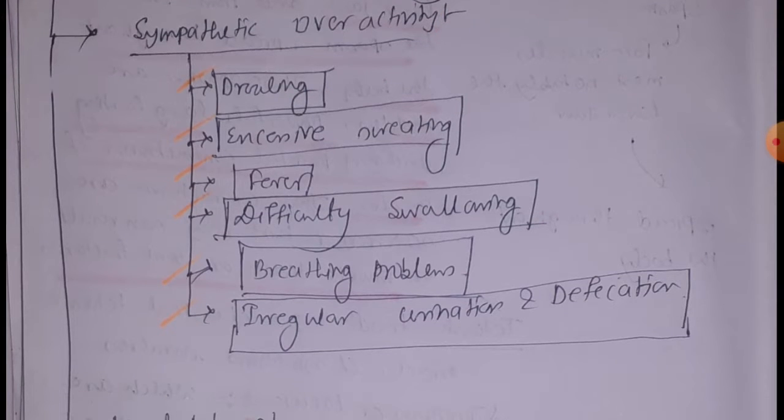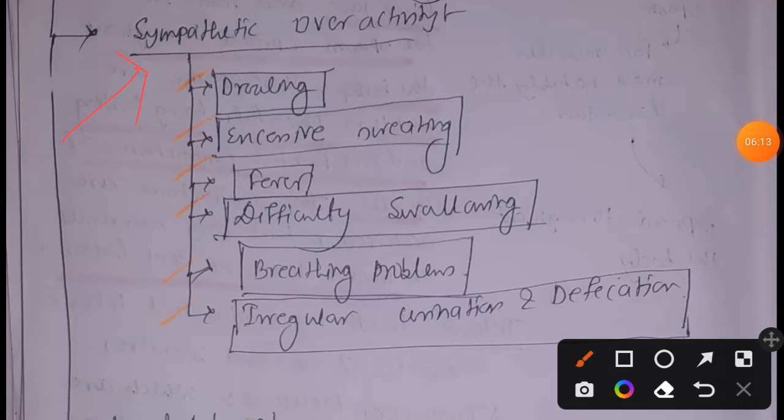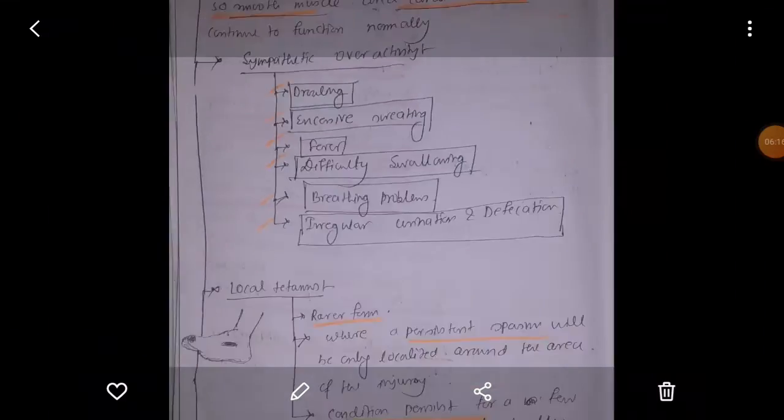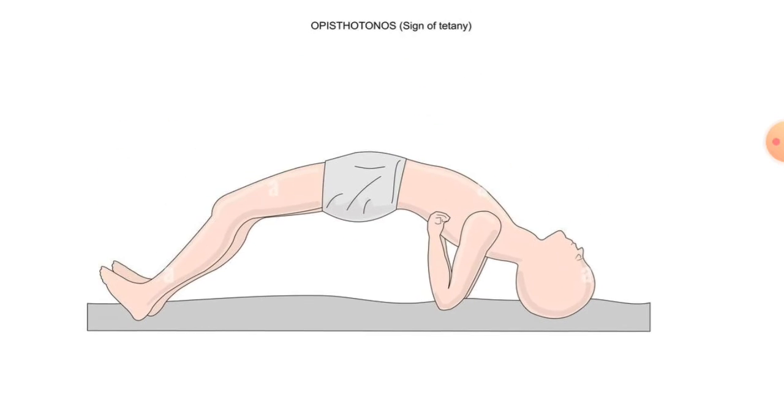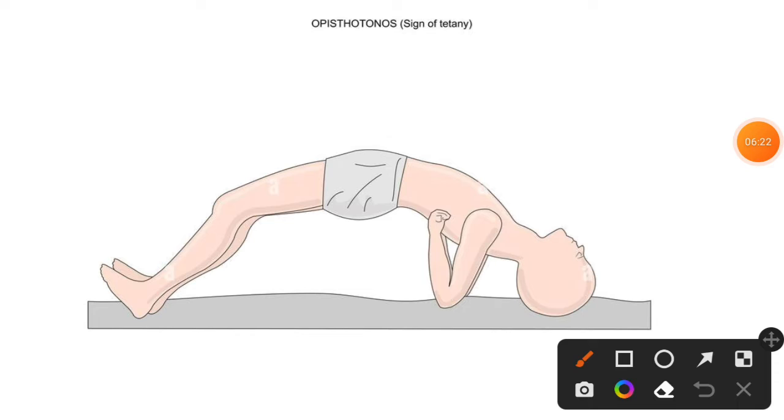Along with that, there is some sympathetic overactivity that you may observe in a person suffering from generalized tetanus, because remember, try to observe the situation. Under such a situation, it will be very difficult for us to swallow. Not only that, there should be excess sweating under such a condition, right?